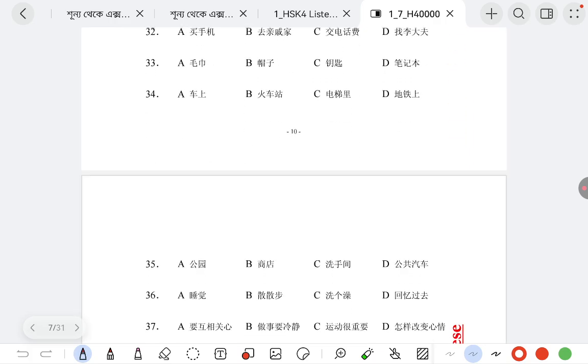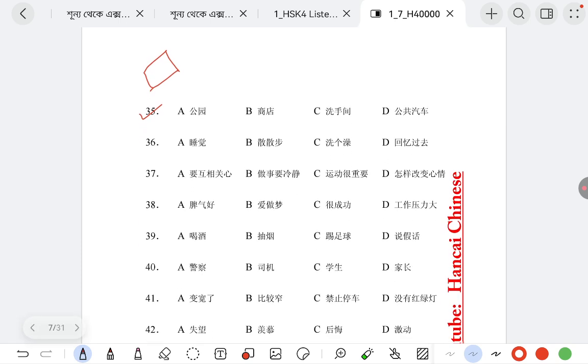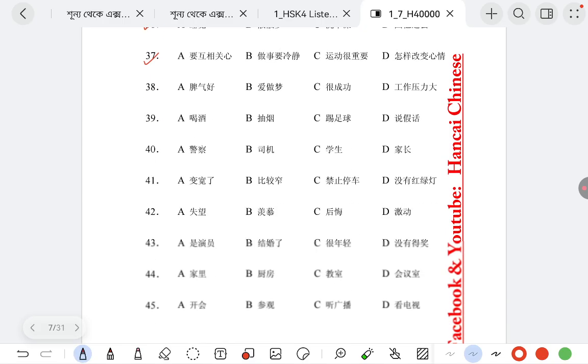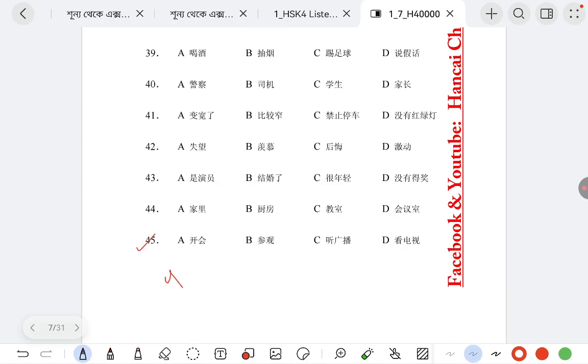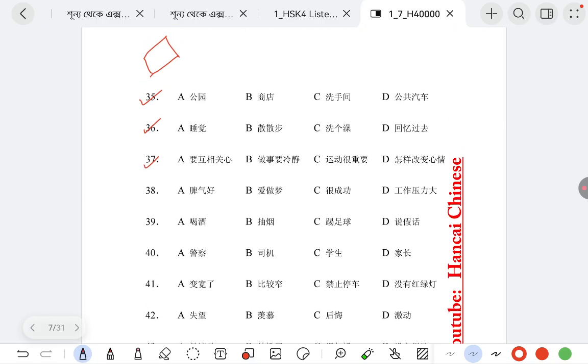From 26 to 35, for each question you have one audio, but from 36 to 45, for two questions you have one audio.